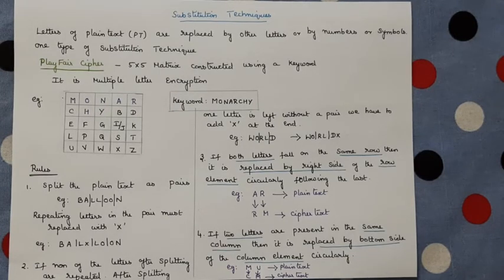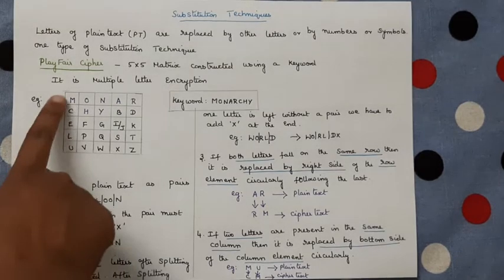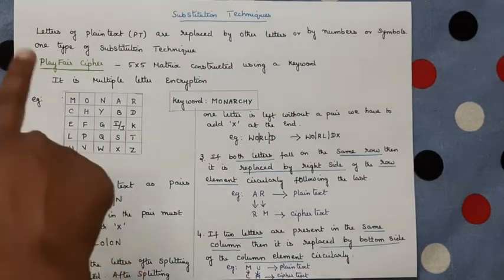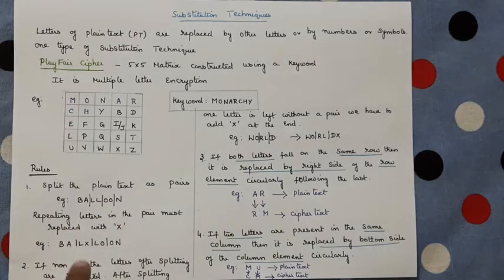Fourth rule is, if two letters are present in the same column, then each is replaced by the bottom side element of the column, circularly. So for example, you see this MU. Here is M, here is U. Both are in the same column.